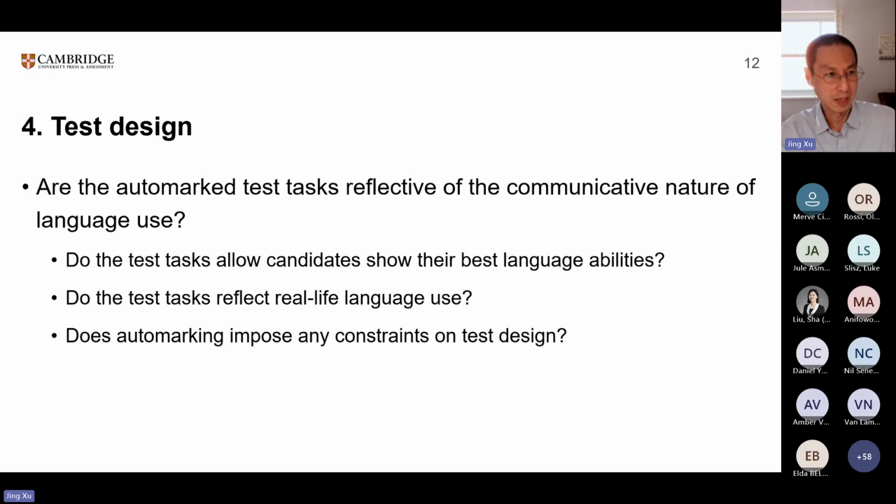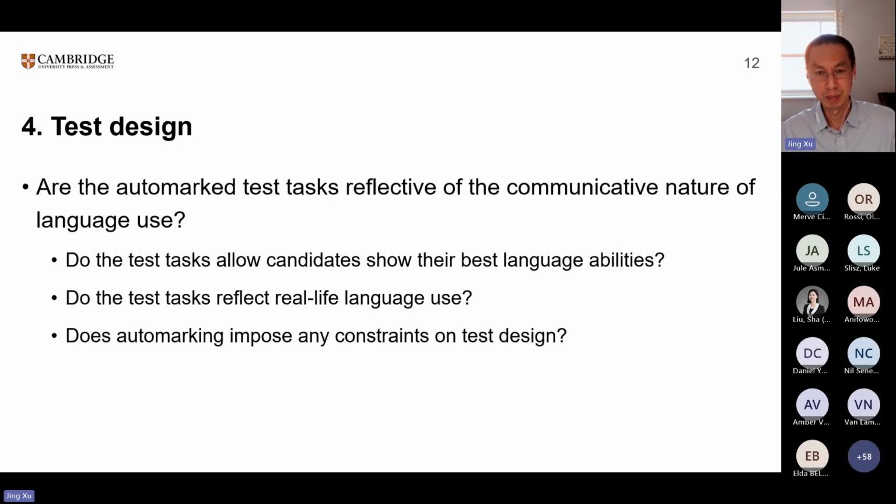The fourth part is about test design. Are the automarked test tasks reflective of the communicative nature of language use? What we are concerned about is that a lot of automarked language tests constrain the task design. Taking Versant as an example, there are a lot of repetition tasks or constrained speaking tasks like reading aloud and repeating a sentence.